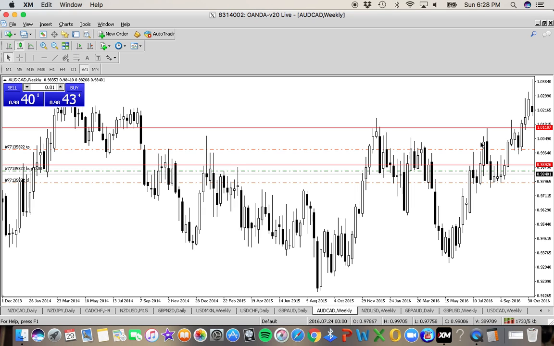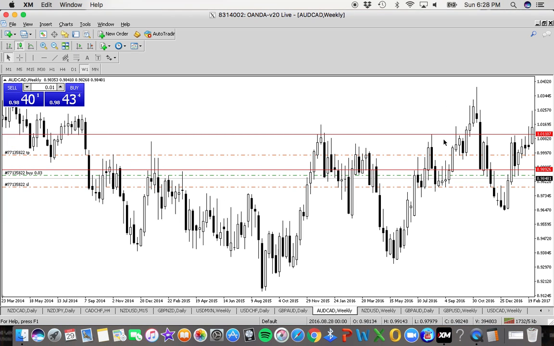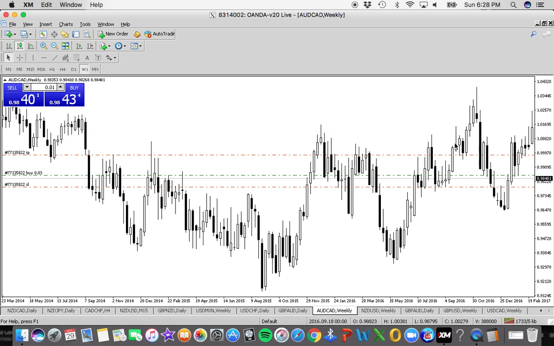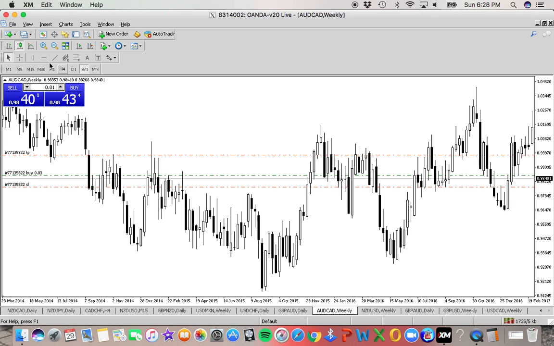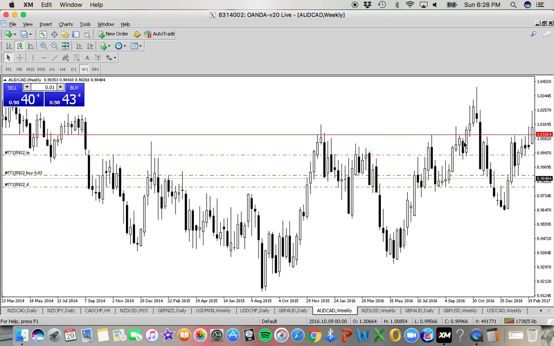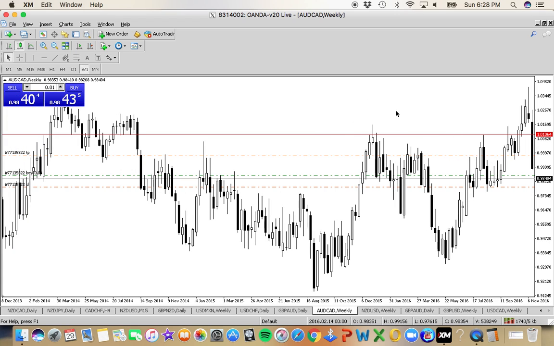But that didn't happen. Then you get to this point, and it didn't happen again, even though it's in the area of key resistance. And then you get up here. So now what? Is this a fresh zone?